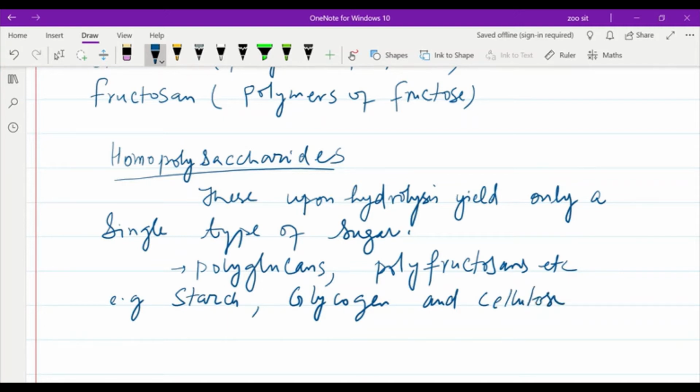These are examples of homopolysaccharides, and there is one more, which is called inulin.